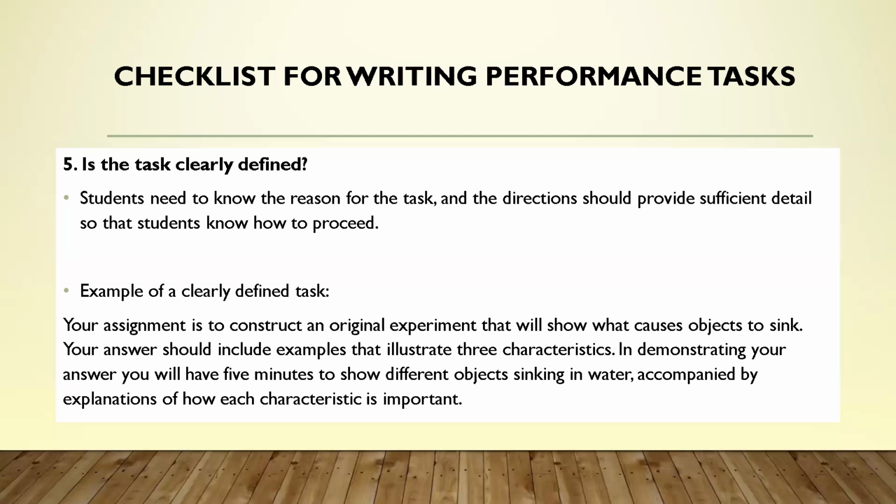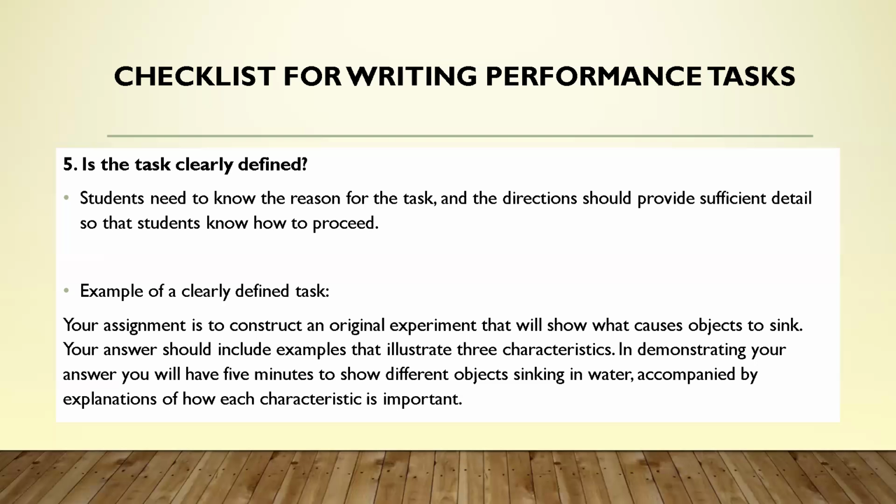So we can see here in this given example that it has directions with sufficient detail as to how the students should proceed with the task. So it's given here to construct an original experiment on what causes or how objects sink.